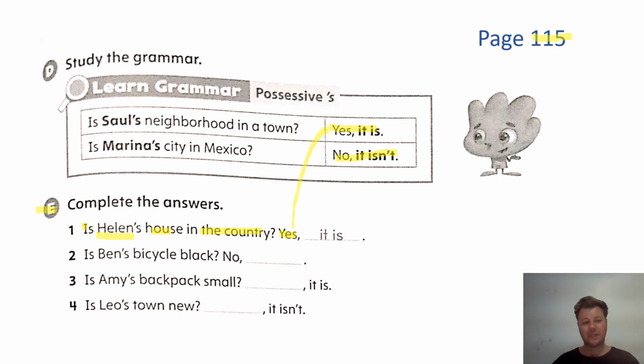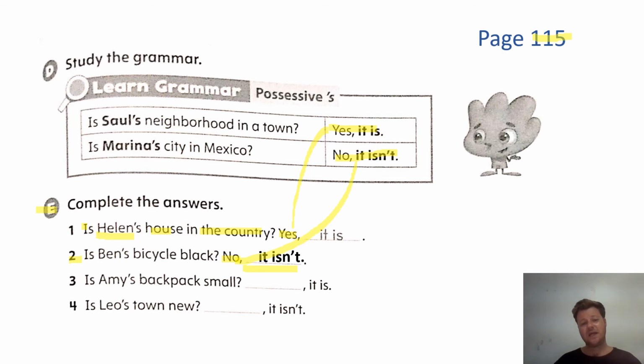Let's try example number 2. Is Ben's bicycle black? No. When we see no, we remember that we're going to answer, no, it isn't. No, it isn't. Let's try number 3.